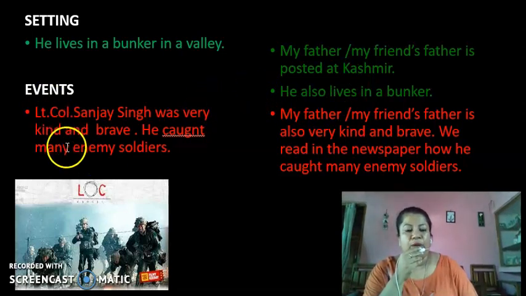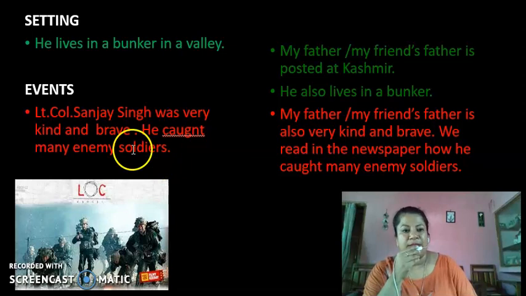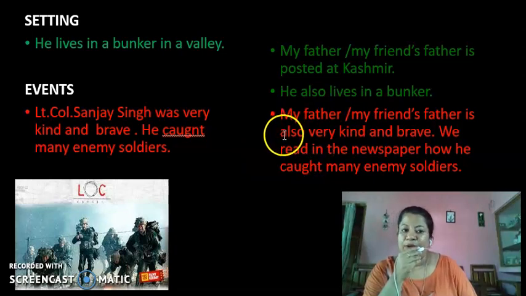Now the events. We know that he was kind and brave, and that he caught many enemy soldiers. So how do you connect to this? You can make a connection by saying that maybe you have read in newspapers how the army keeps on catching criminals, or catches enemy soldiers. We have also watched in movies how our Indian army captures enemy soldiers.